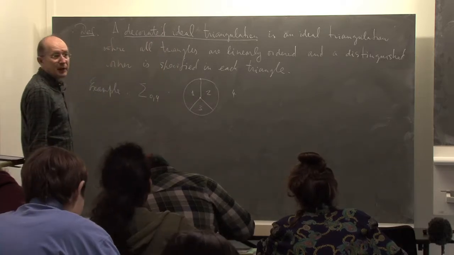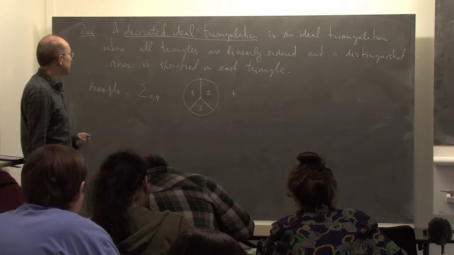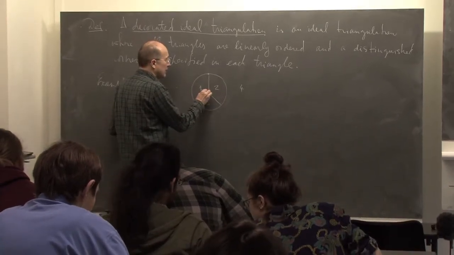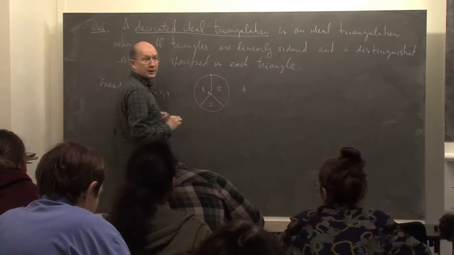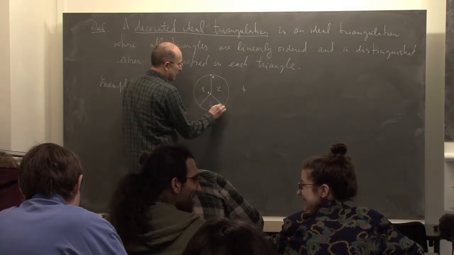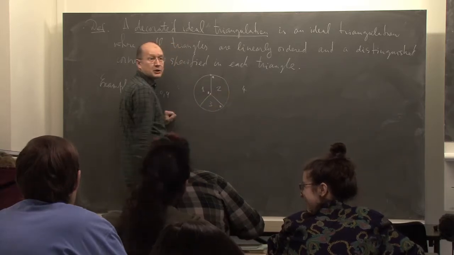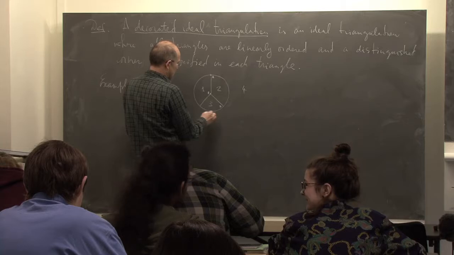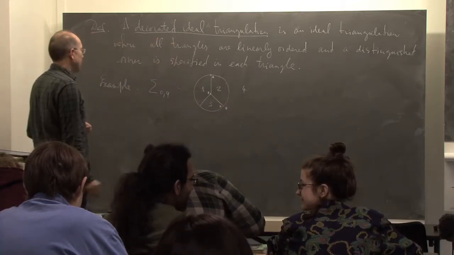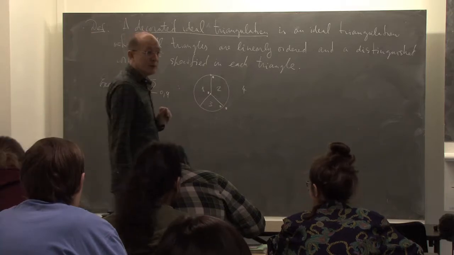That's a linear order. And then we have to specify a distinguished corner in each triangle. So we put a dot near the distinguished corner, for example here, here, and here. We have 3 choices for each triangle. And here. That's a decorated ideal triangulation.